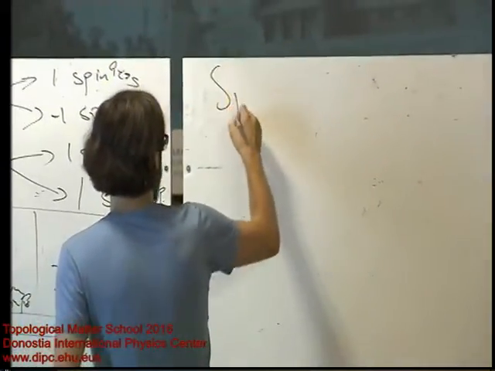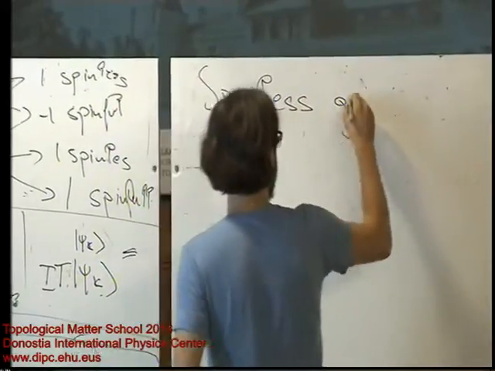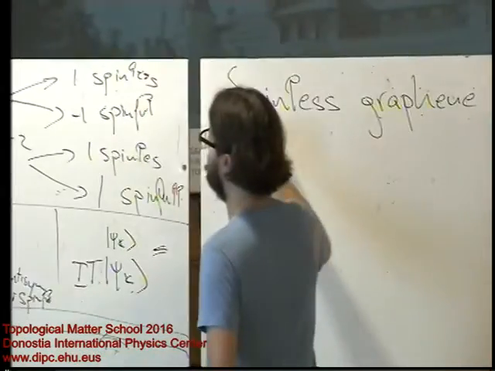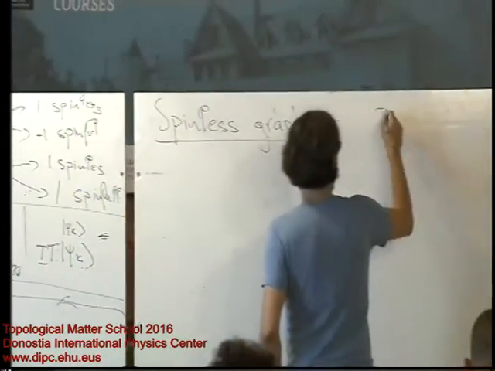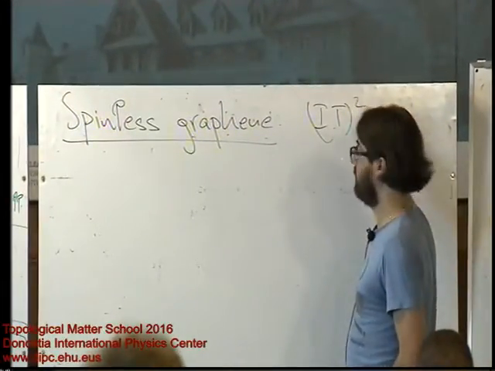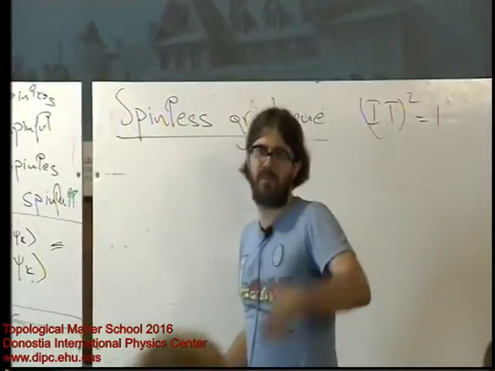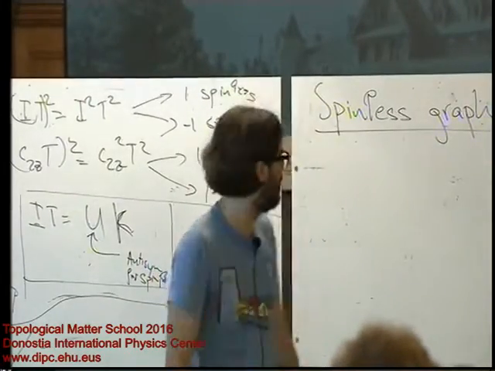So, spinless graphene. For spinless graphene, inversion times time reversal squares to 1. Of course, when I talk about spinless graphene, if you want to talk about spin, you just double everything. But it's a trivial doubling.